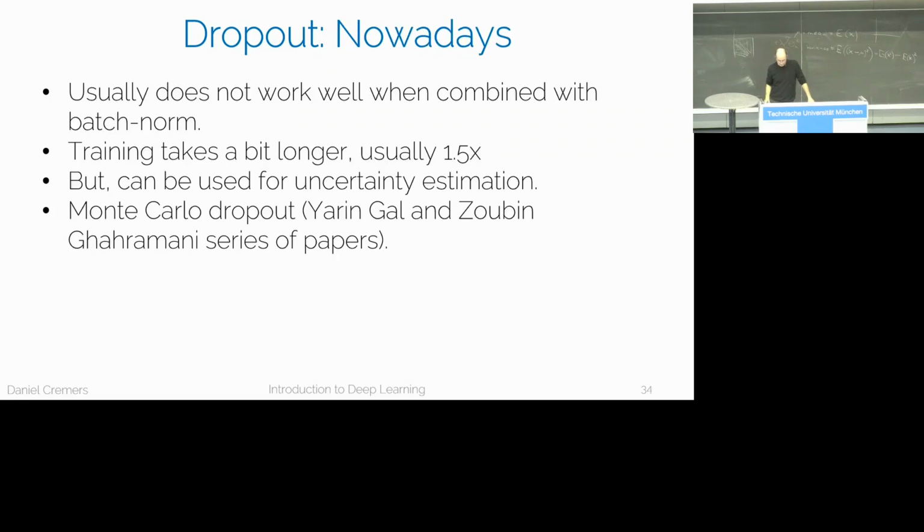Now that was before. There are some issues, and in the next sections we'll talk about batch normalization. This is a technique where we look at the distributions of activations.